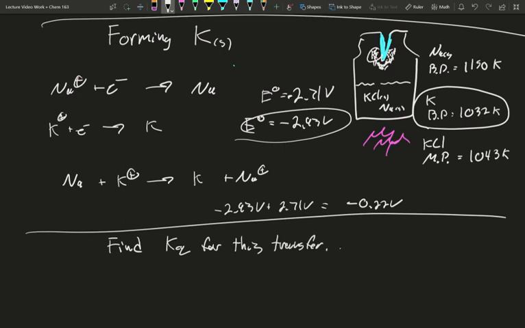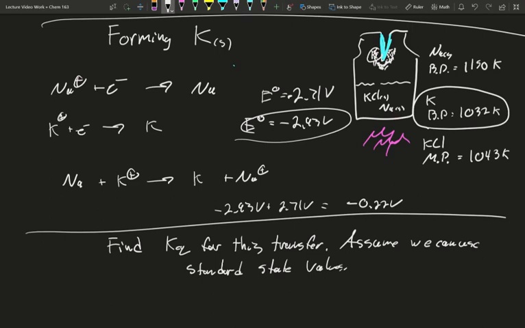And we're going to assume we can use standard state values. That is a little unreasonable here, as standard state's 298 Kelvin, and we're up in the 1040 some Kelvin. But for our purposes, it's going to help us see roughly where we're looking at in terms of equilibrium constants.